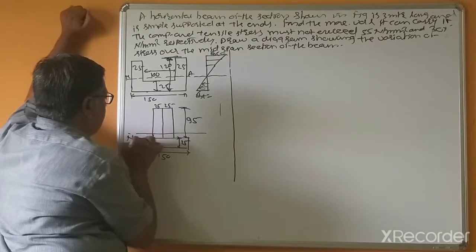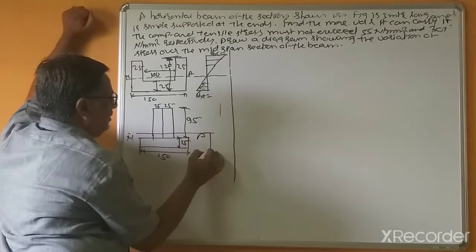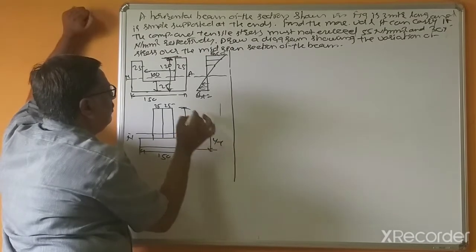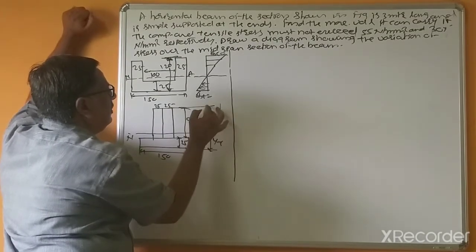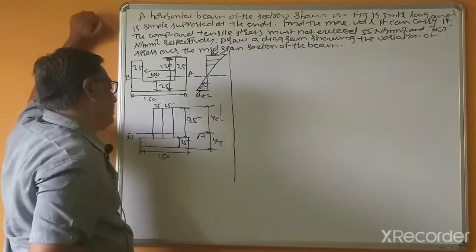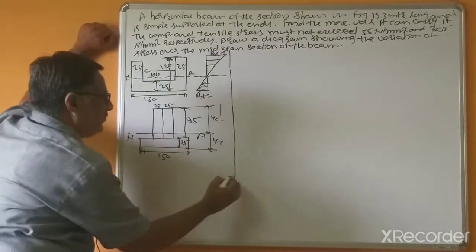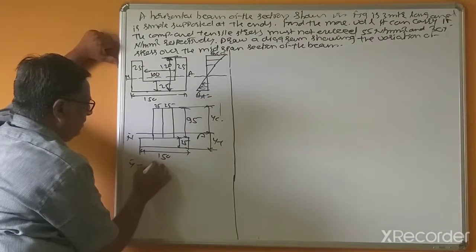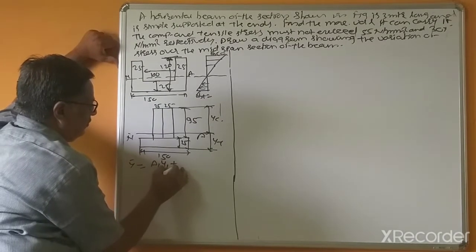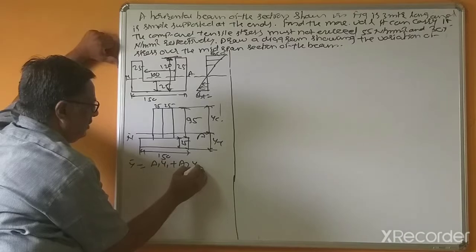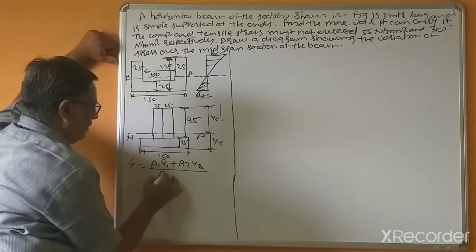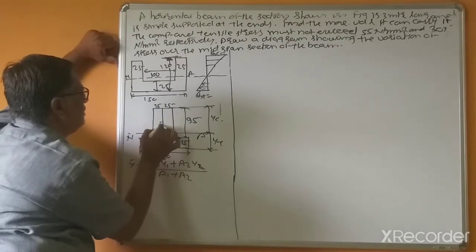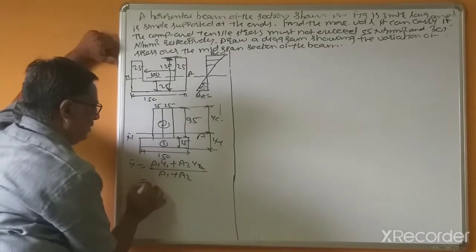Now this is the position of the neutral axis, and this is YT, and this is YC. So first we will calculate Y bar equal to A1 Y1 plus A2 Y2 divided by A1 plus A2. This is first and this is second.